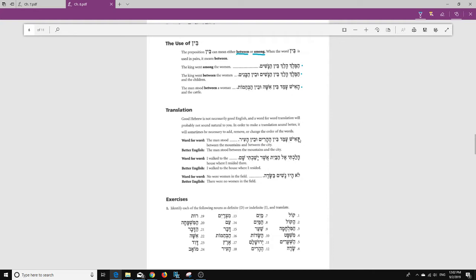So literally, we have the man stood between the mountains and between the city. Now, that's perfectly fine to say in English, but giving a translation that makes it a little easier on your readers is to actually just leave out this second bain, still keep that vav, and have the man stood between the mountains and the city.